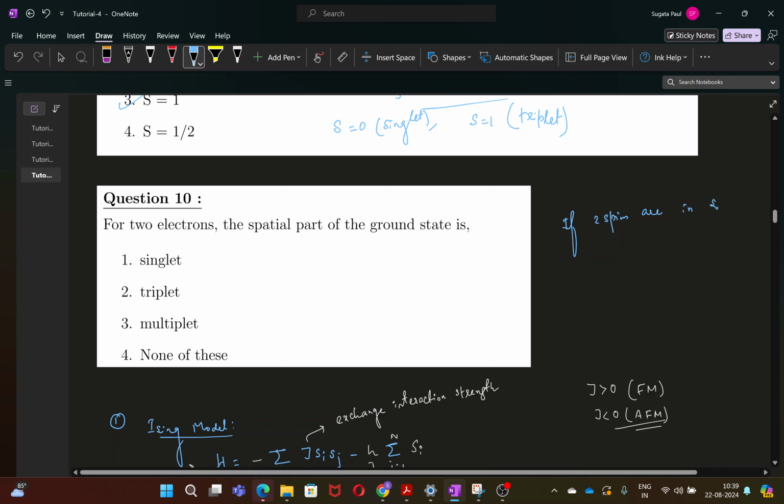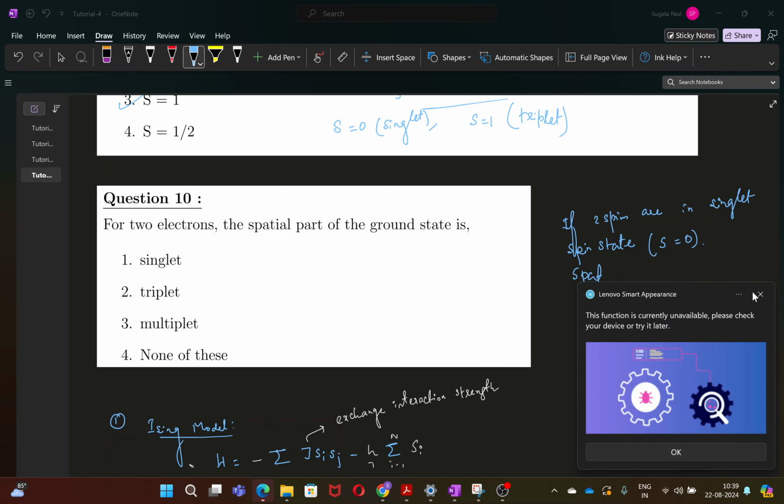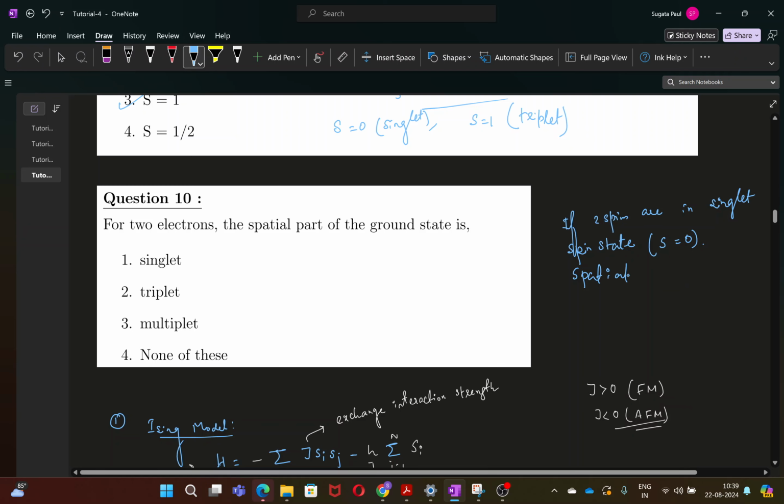So the spins are in a singlet spin state and S is equal to 0. The singlet state is antisymmetric and the spatial part is symmetric, or triplet.